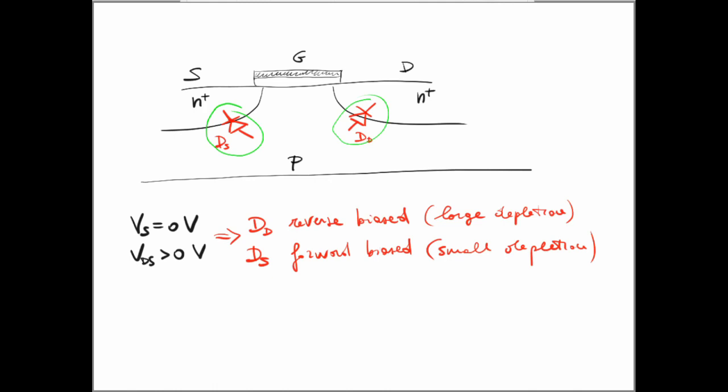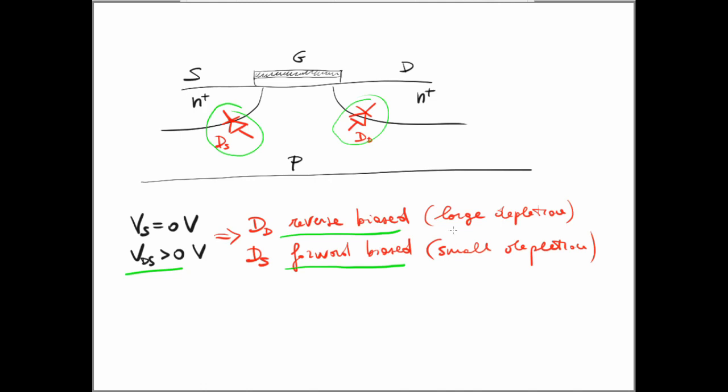More in particular, if we assume, as we said previously, that the source in our transistor is our reference potential, always at 0 volts, when we apply a VDS voltage that is positive, effectively we are reverse biasing the drain diode, and we are forward biasing the source diode.